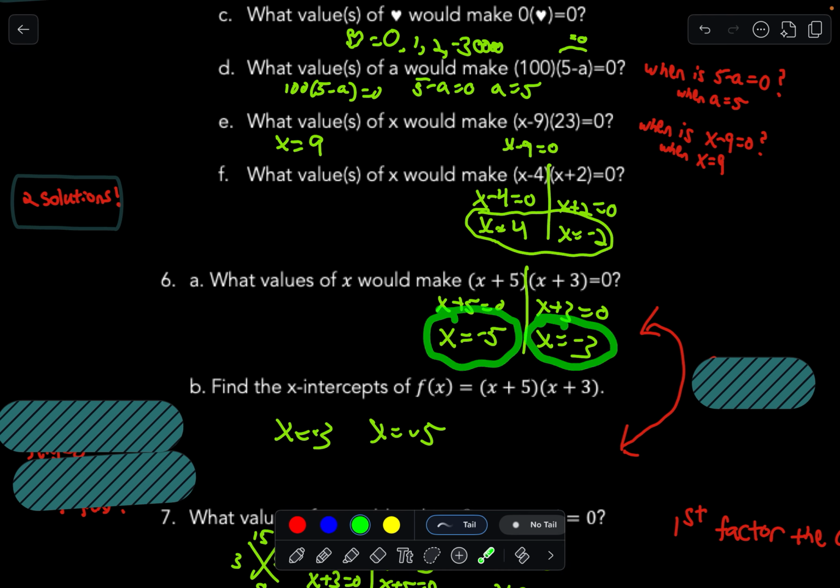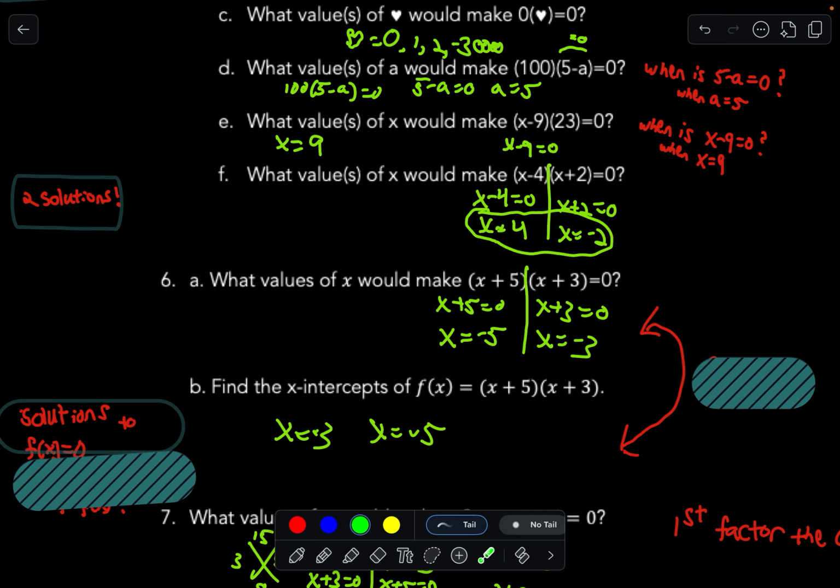There are two solutions. Find the x-intercepts of f of x equals (x plus 5) times (x plus 3). Well, it's the same numbers: x equals negative 3 and x equals negative 5. The solutions to f of x equal to 0 are the x-intercepts of f of x.